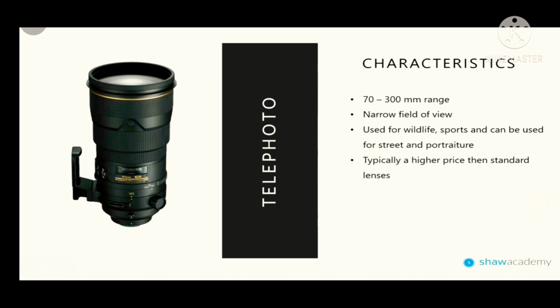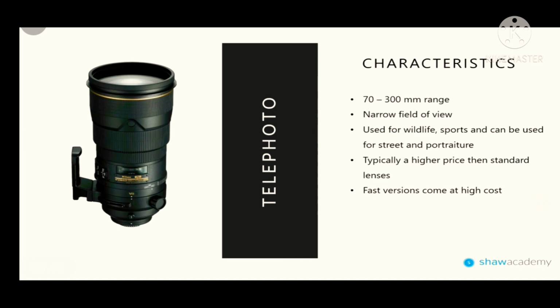It's good for getting candid shots of your subjects from far away, but they are a high price. They're typically a higher price than your standard kind of general zoom lenses. Now, fast versions come at a high cost. What I mean by that is a telephoto lens that has a very wide aperture range is going to be very, very expensive.